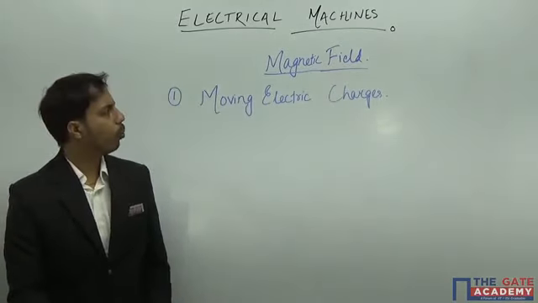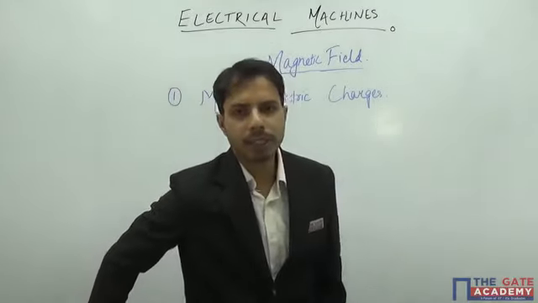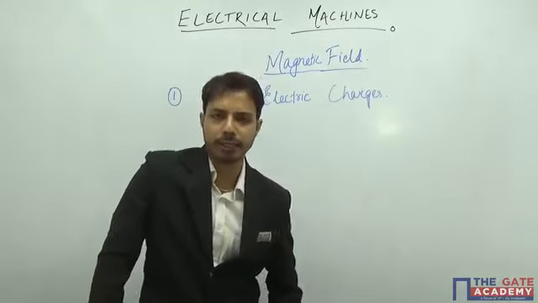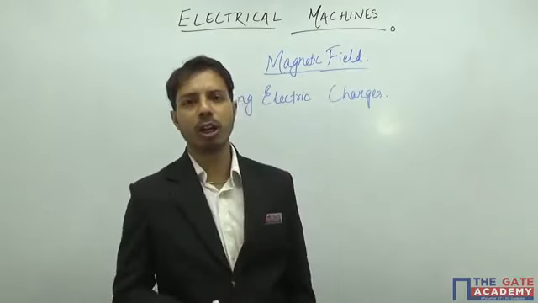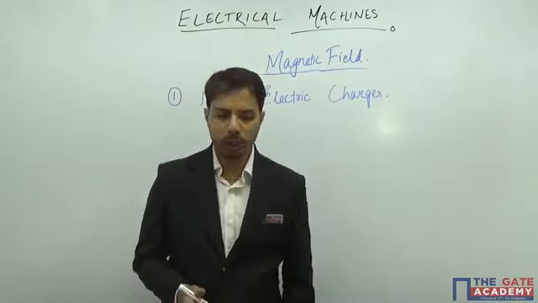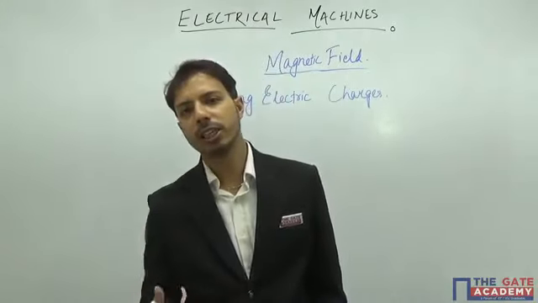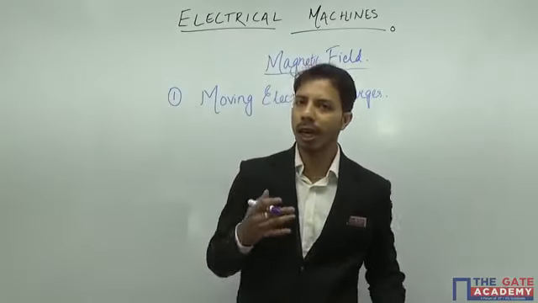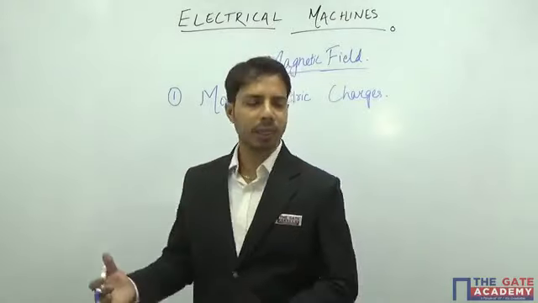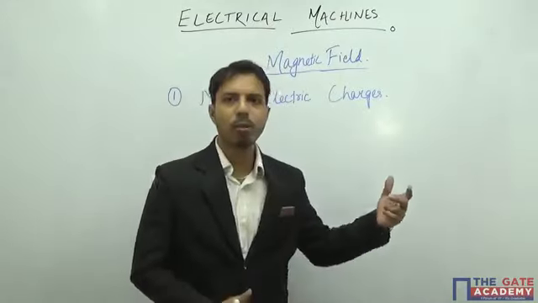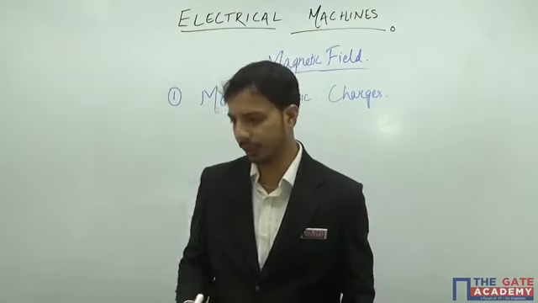Once a magnetic field is created, the magnetic field lines will be closed lines, and we will have two poles, called North Pole and South Pole. We cannot have isolated poles as we can have isolated charges in an electric field. We can have an isolated positive charge or an isolated negative charge, but whenever we talk about a magnetic field, we will have North Pole and South Pole together. That means a monopole cannot exist.